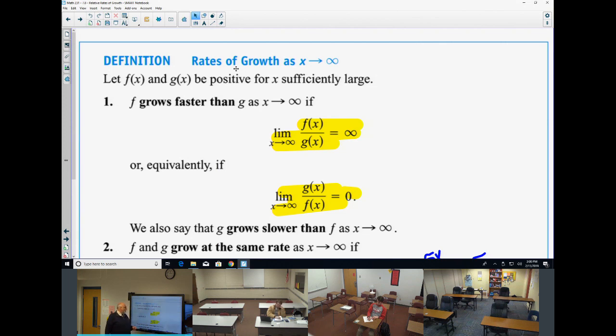If you compare the two and you get 0 as your limit, then that means the bottom function wins. And so f grows faster than g if it's on top and you go to infinity, or if it's on bottom and you go to 0.